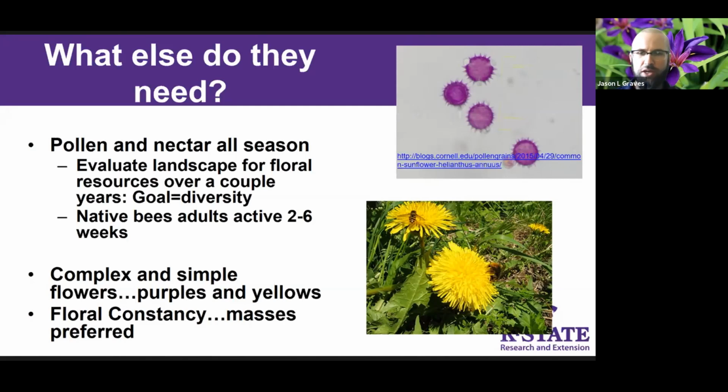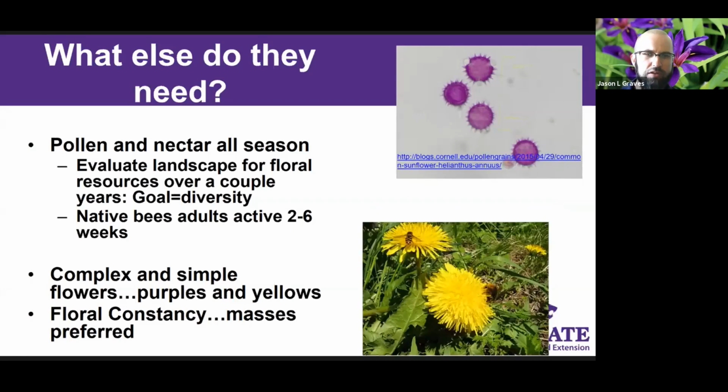So typically a good mass, not just one or two plants, but masses of flowers in groups that they can work between, because they are much more effective that way. So just think through your plantings and how you can encourage bees with the way you plant and the plants that you choose.